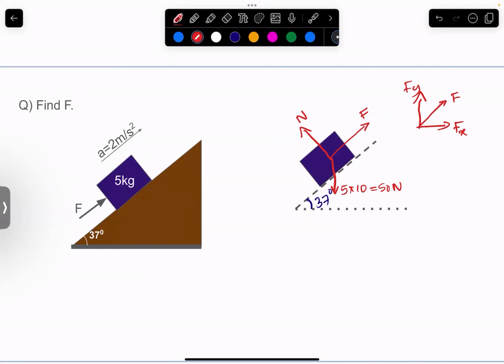This is the horizontal plane that we can take as a reference, and we want to find the components parallel and perpendicular to it. So we resolve this like this, and the other one will be like this.